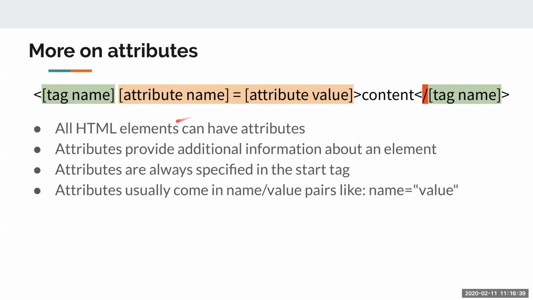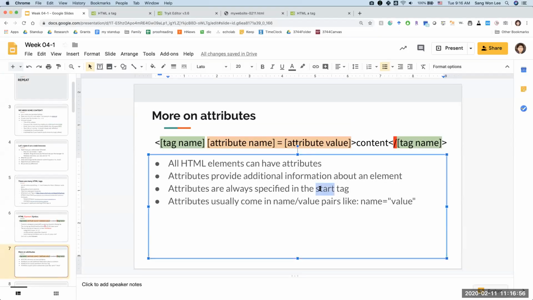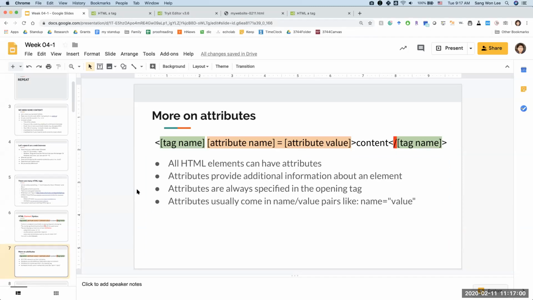More on attributes. Any HTML element can have attributes. They provide additional information about the element and are always specified in the start tag, which I should better be consistent about in terms of terminology: the opening tag. And attributes usually come in name, value pairs.